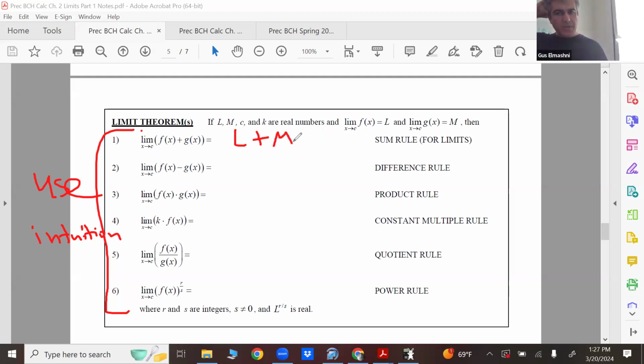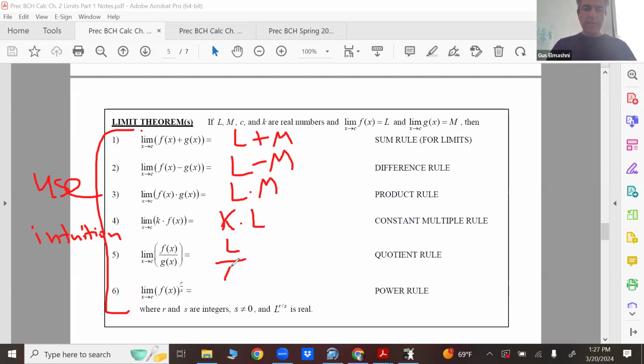The limit as x approaches c for f of x is L. The limit as x approaches c for g of x is M. So you can say L plus M, or L minus M, or L times M, or k times L, or L over M with the caveat that M does not equal 0. Or here, L raised to the power r over s. That's fine too.